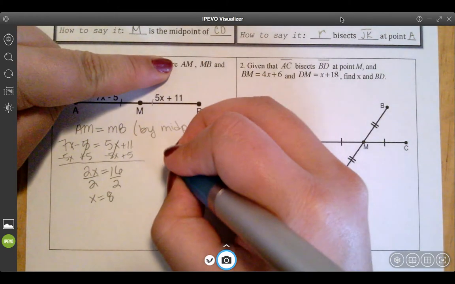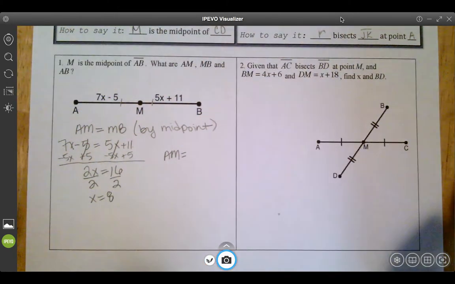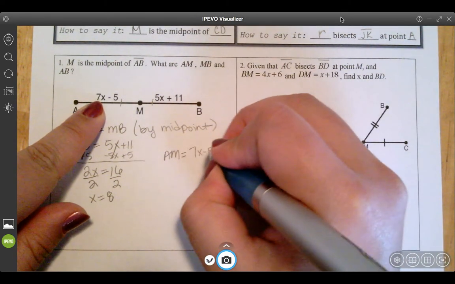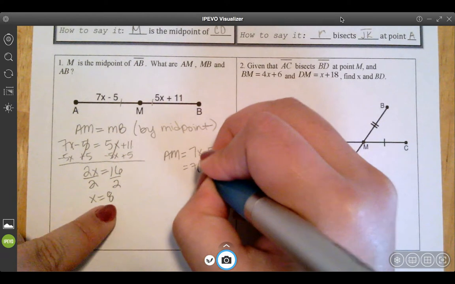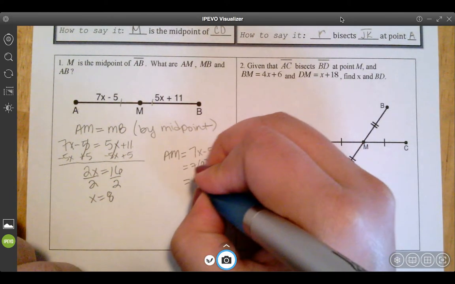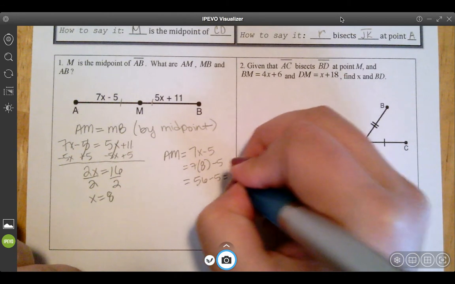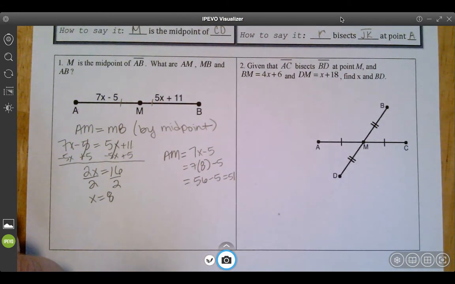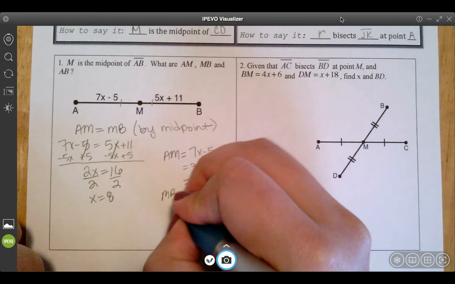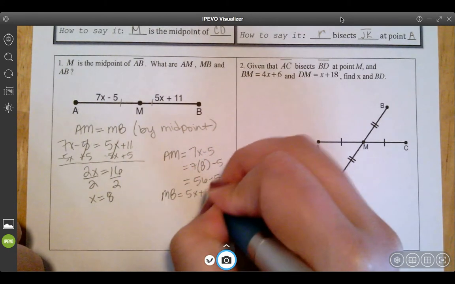So we need AM, it's a measurement. AM is 7x minus 5. So now we can substitute in the value of x. 7 times 8 is 56, minus 5 is 51. We also need MB, which is 5x plus 11.